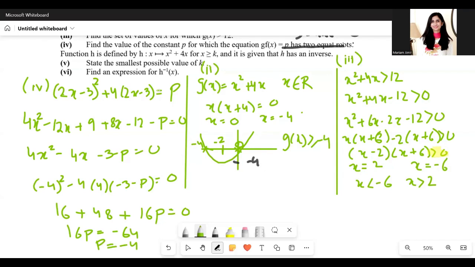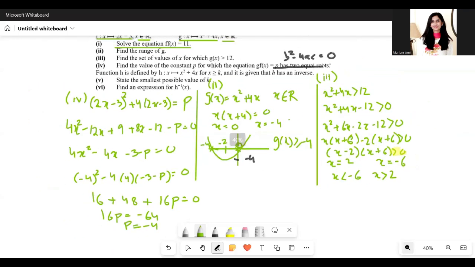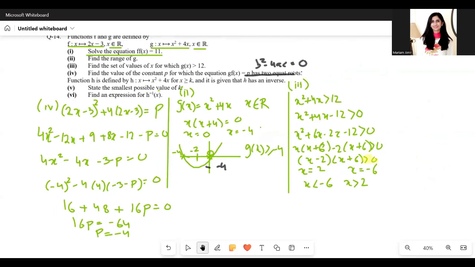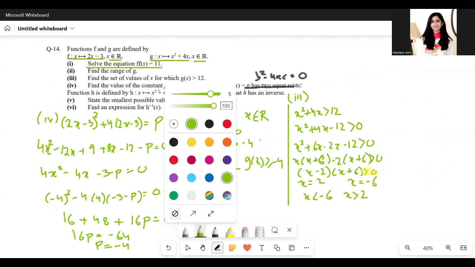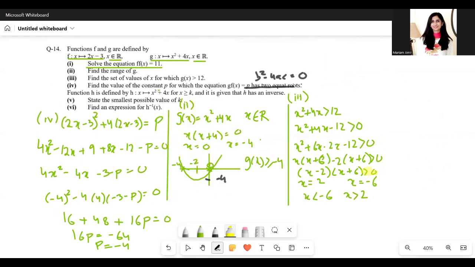Okay. Next part is: the function h is defined by h of x is equals to x square plus 4x, where x is greater than or equal to k. Okay, now notice that h of x is the same as g of x.